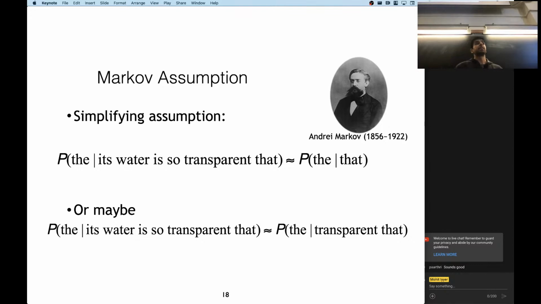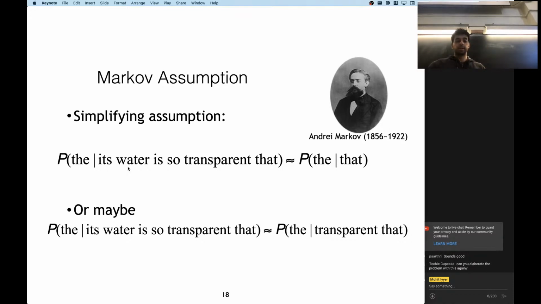Exactly. You can think about it in terms of constraints, right? I have a lot of constraints on what the next word is because I know that this prefix is talking about water and transparent and things like that. If I get rid of everything except the word "that", I no longer know that water was mentioned or transparent, and there's a huge range of words that can follow the word "that", right?